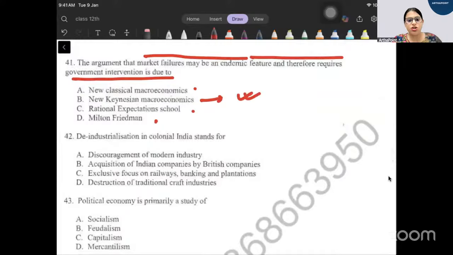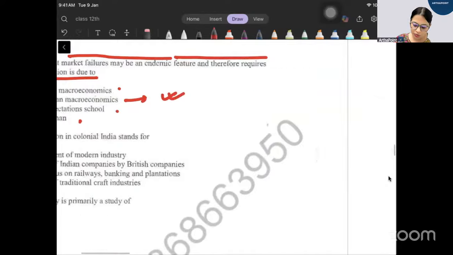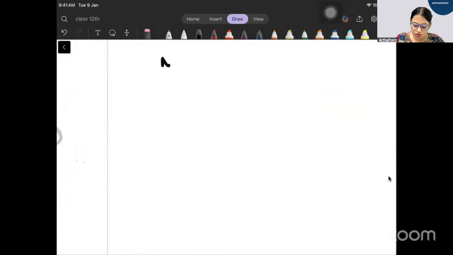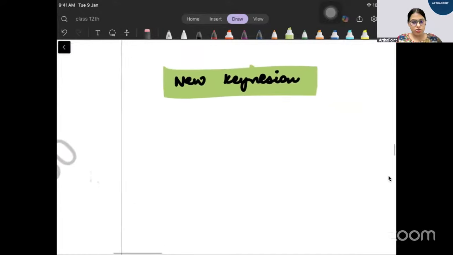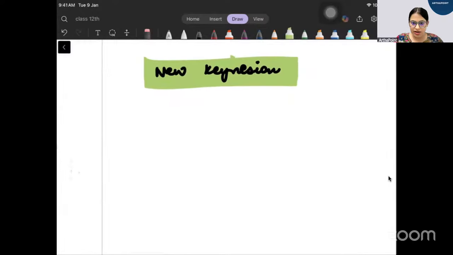Let me write down what the new Keynesians argued. So the new Keynesian school of thought argued that, number 1, markets are not perfectly competitive.